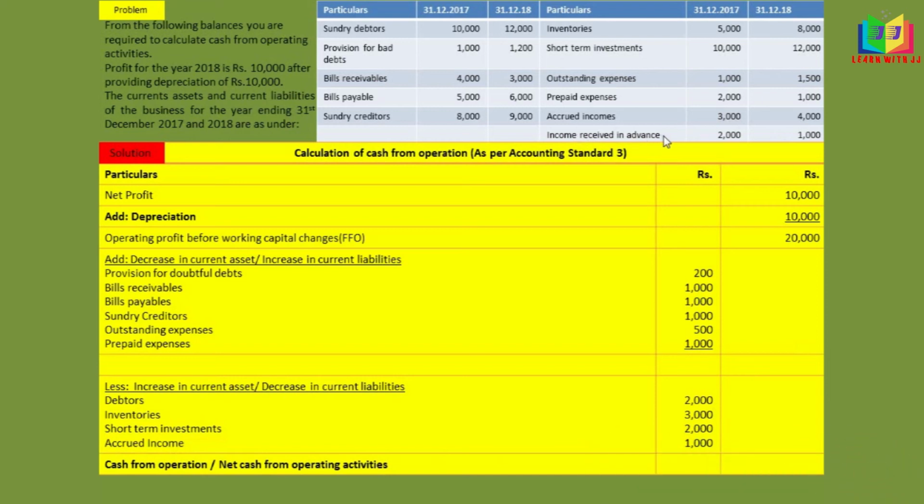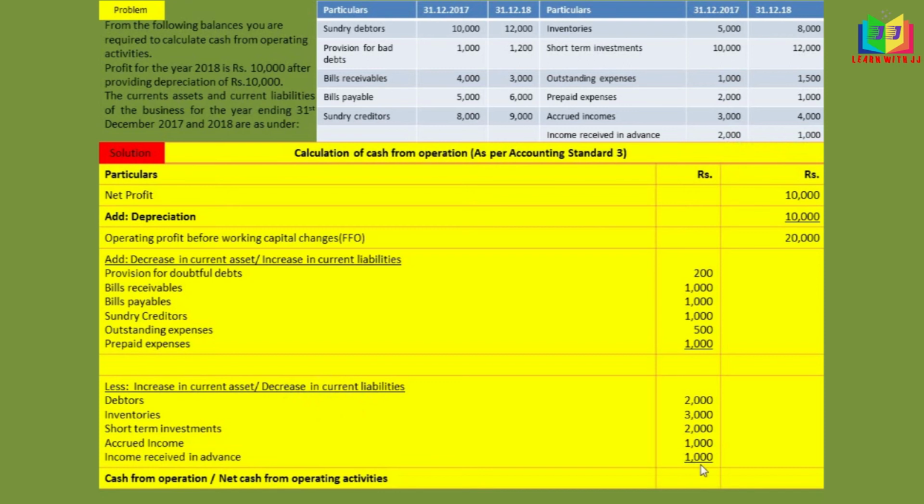Income received in advance is a liability and this liability decreases. It's 2,000 in the opening and in closing it is 1,000. So 1,000 rupees it decreases, so we have to subtract it. Current liability decrease means we have to subtract. Decrease in current liability. So now we'll add all this. We finish writing everything.